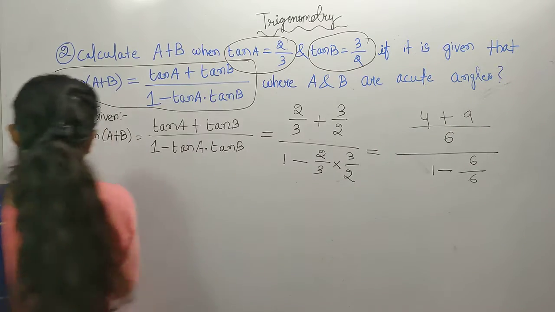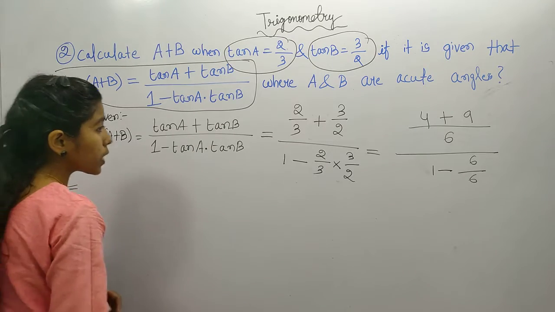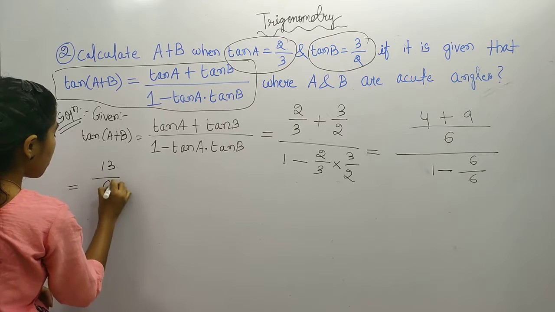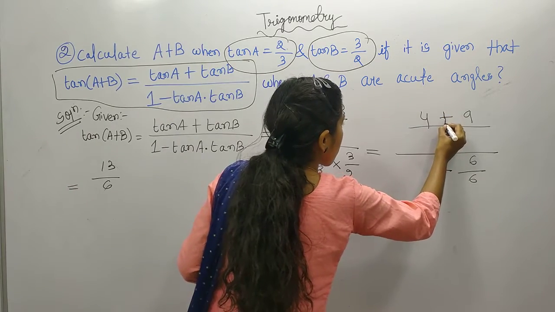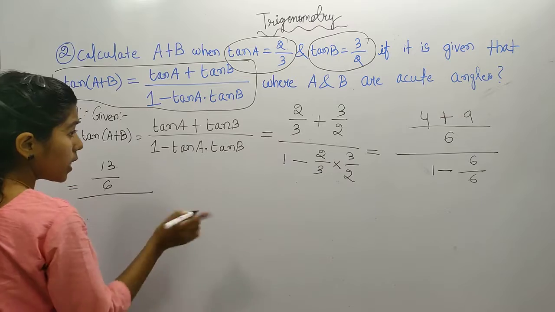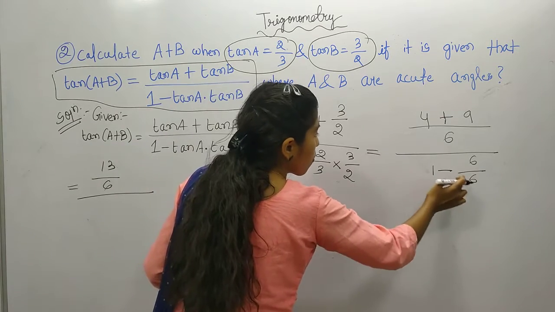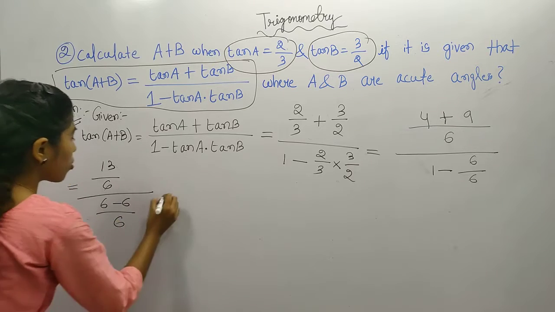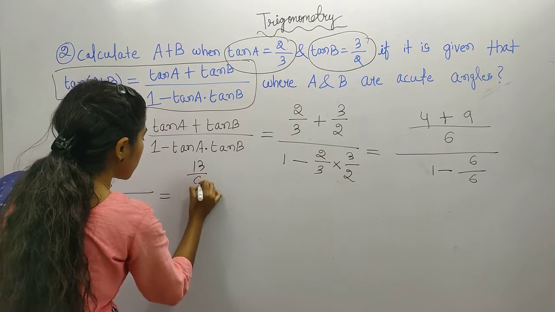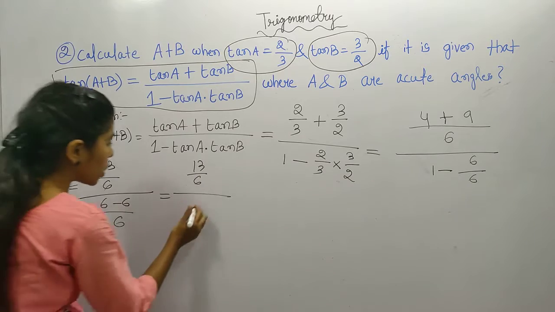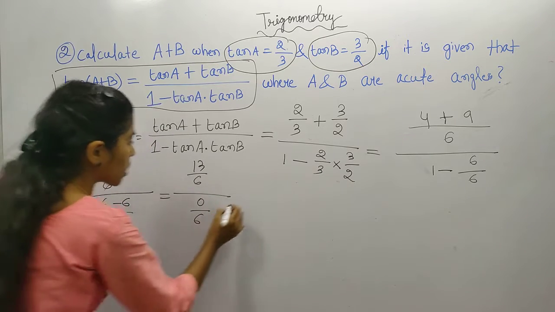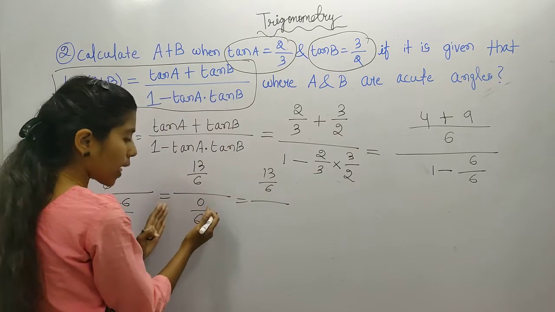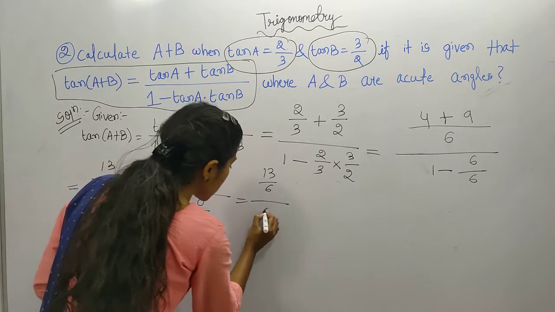Next, what is there in the upper side? 9 plus 4 means 13 divided by 6, divided by 1, 6 minus 6 divided by 6. So what will happen? 13 by 6 divided by, 6 minus 6 is 0, 0 divided by 6 is 0. 0 by anything is 0.